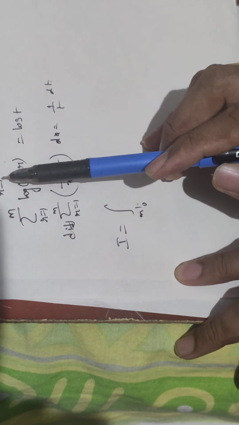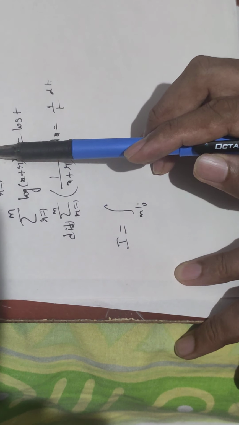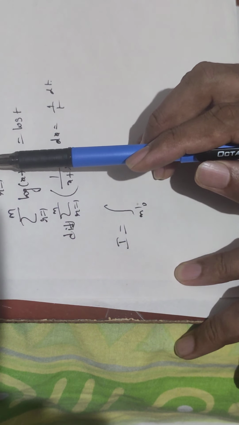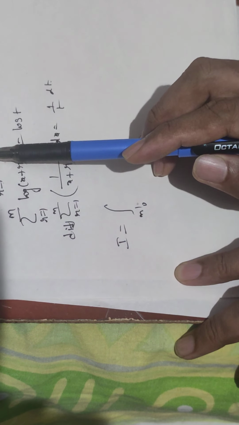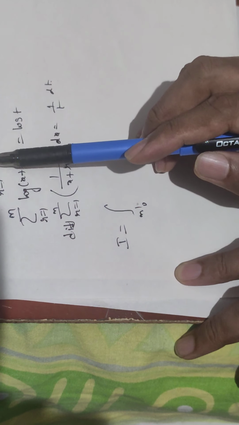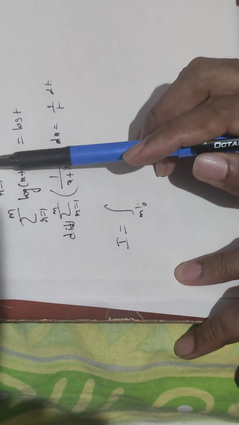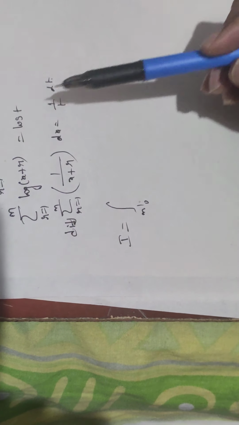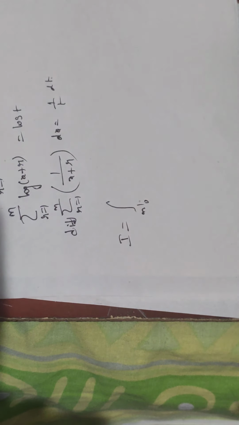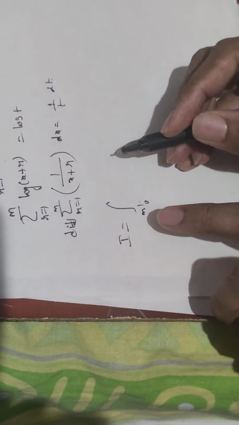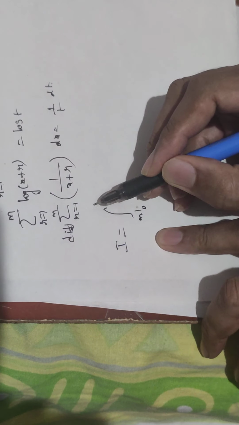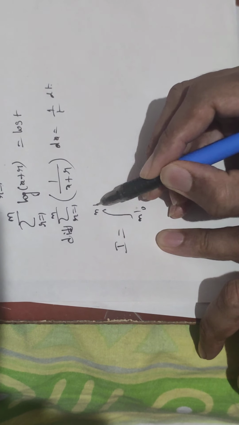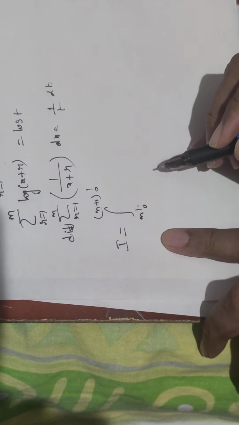After that, put the r values: 1 plus 1, next 1 plus 2. That means the first term is 2, 2 into 3 into 4 and so on. The last term is 1 plus n, n plus 1. First term 1 you can multiply with 1, no problem. 1 into 2 into so on up to n plus 1 terms are there. The product of the first n plus 1 natural numbers will be n plus 1 factorial. This is the upper limit.